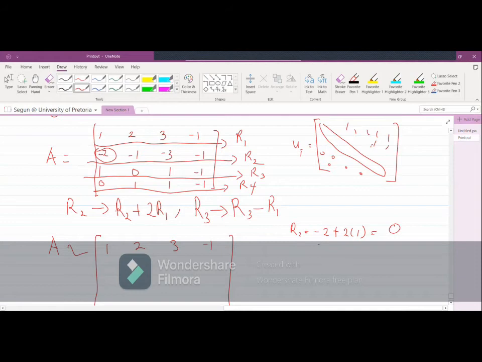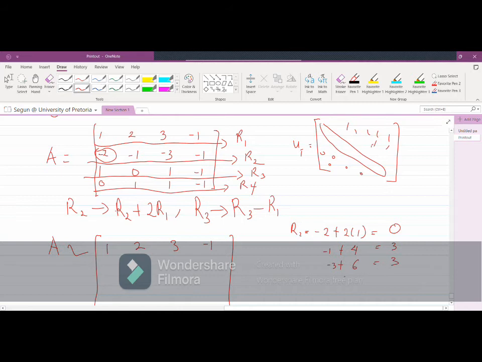Then you pick another element, 2 in row 2: -1 plus 2 times 2 in row 1, which is 4, giving 3. You pick another element in row 2 again: -3 plus 2 times 3 in row 1, which is 6, giving 3.